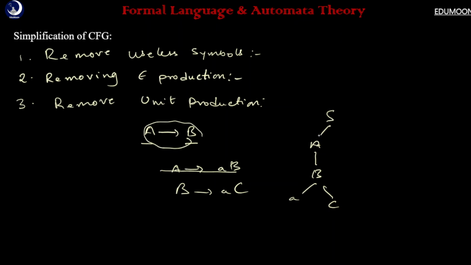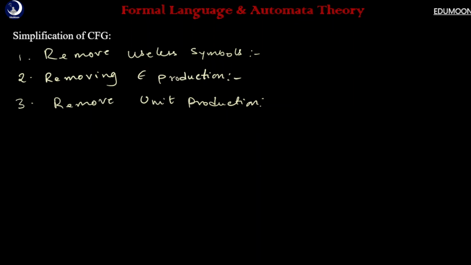So instead of writing A to B and B to AC, we can simply write A to AC directly, so that this level will be eliminated and the tree is just the capital A generating A and C. So we can eliminate the epsilon productions or unit productions here.